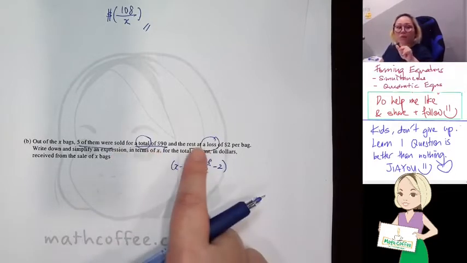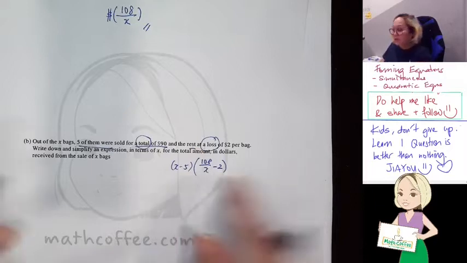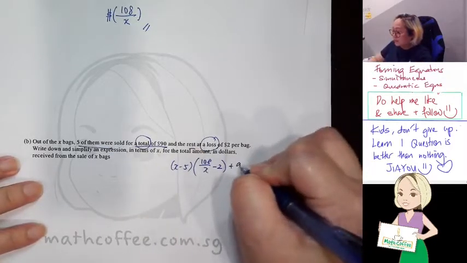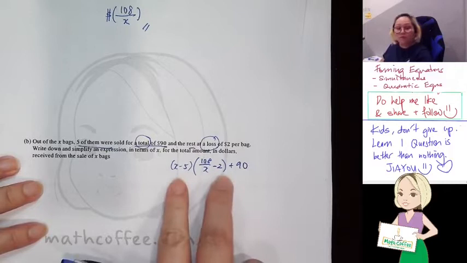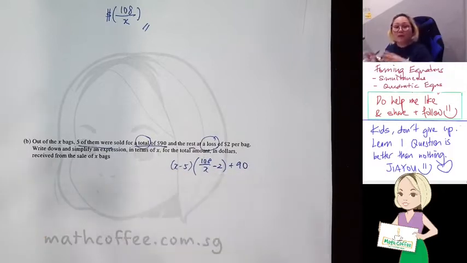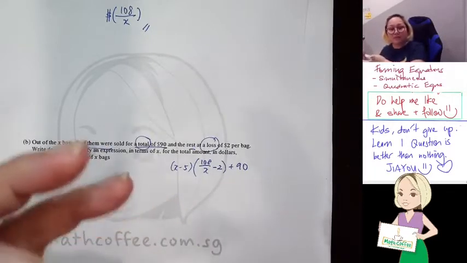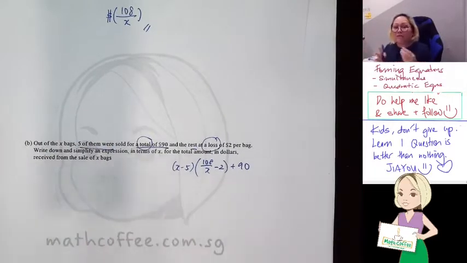So the total amount that you receive is not just this. Don't forget to plus 90 as well. These first 2 brackets, when I multiply, give the amount that I receive for the x minus 5 bags. Then the $90 is for the 5 bags that are sold. Understand?